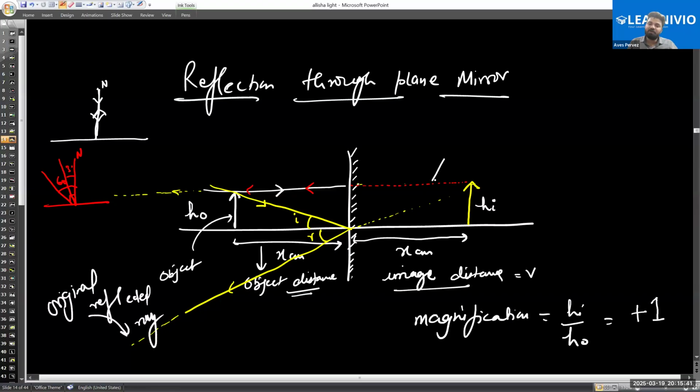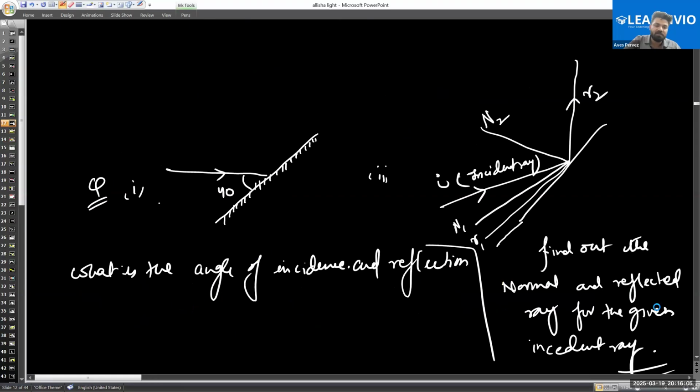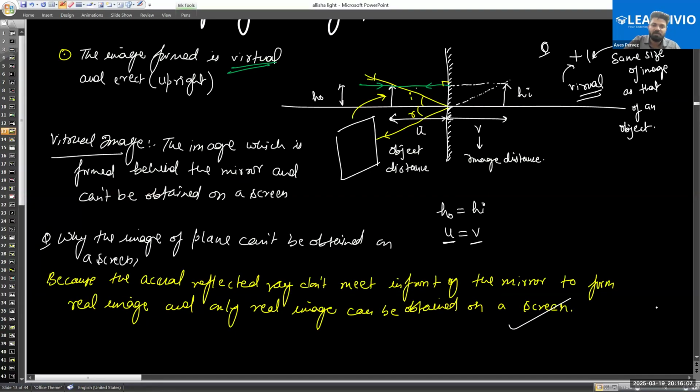So these are the virtual reflected rays. When virtual reflected rays meet together, they form a virtual image. So since a plane mirror is going to form a virtual image, it is going to have magnification +1. Understood? So please note each and everything about the mirror.